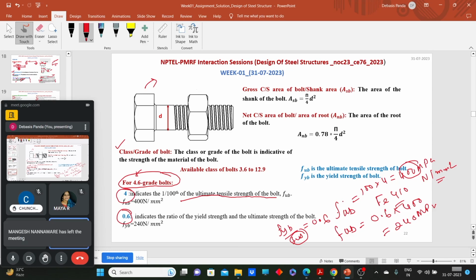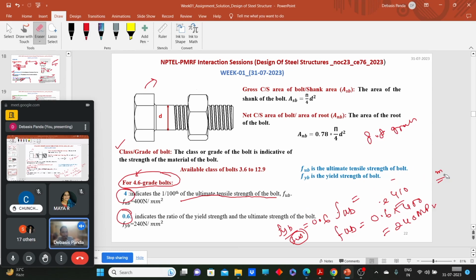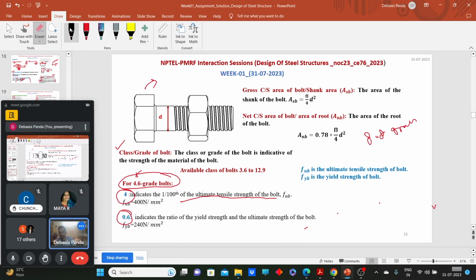Okay, so for example if we have 8.8 grade bolts, now tell me quickly, what will be the value of FUB and what will be the value of FYB for 8.8 grade bolts?